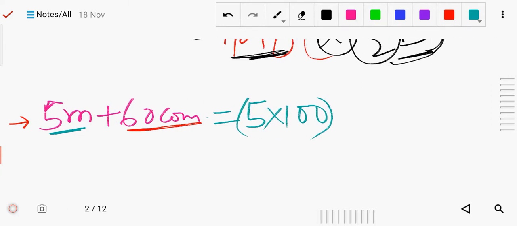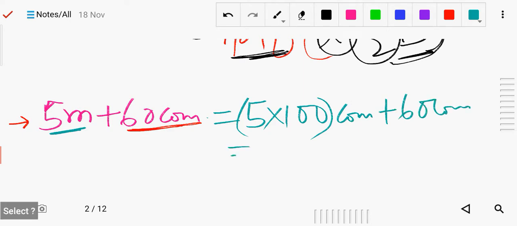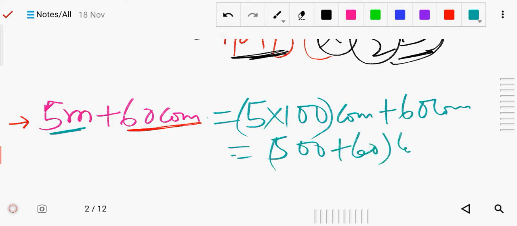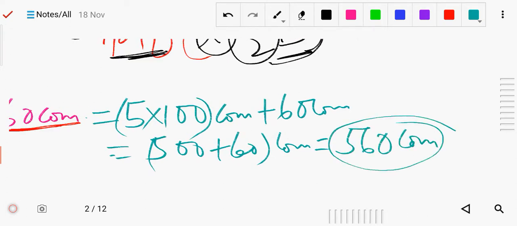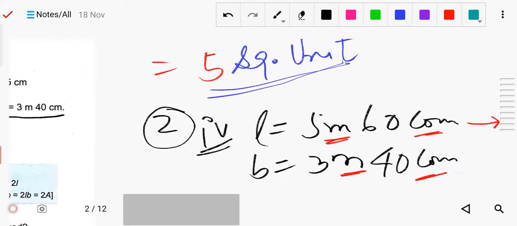So this is now centimeter. Plus 60 centimeter. So 500 plus 60, it will be 560 centimeter.